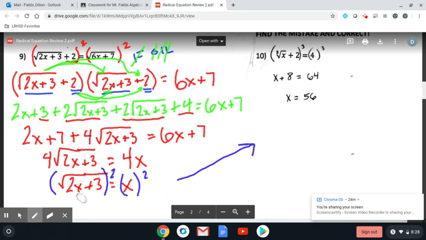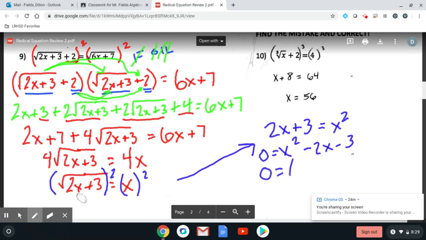Okay, so that's going to end up giving us 2x plus 3 is equal to x squared. And then once we have this, now that we see x's and x squareds, let's move everything to one side by keeping that x squared positive. And then we're just going to have to try to factor and then solve it.